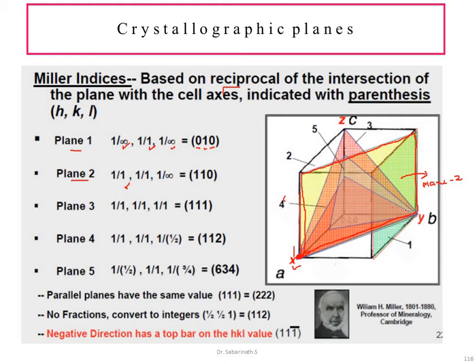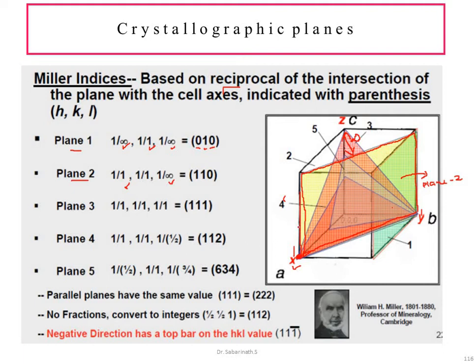Next in the y-axis, it has an intersection at another point, that is 1. In the z-axis, is there any intersection? No intersection is there, so we can imagine that it intersects at infinity.